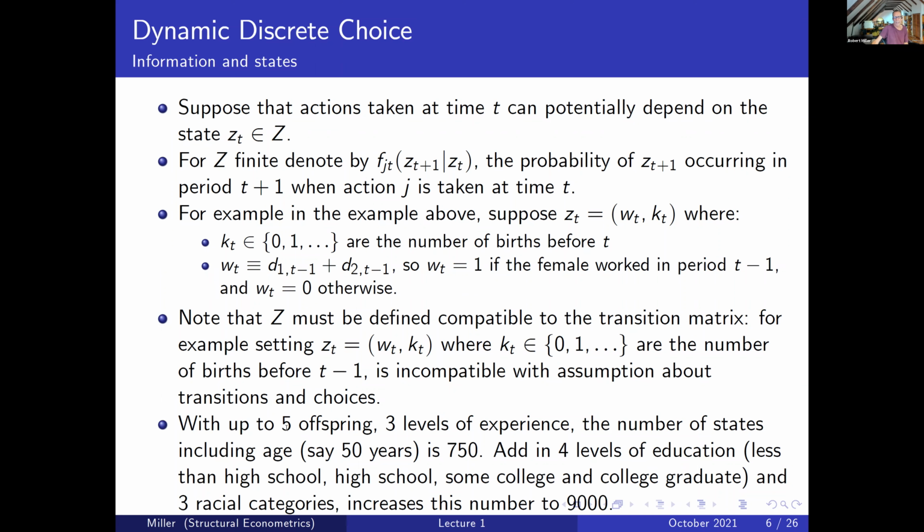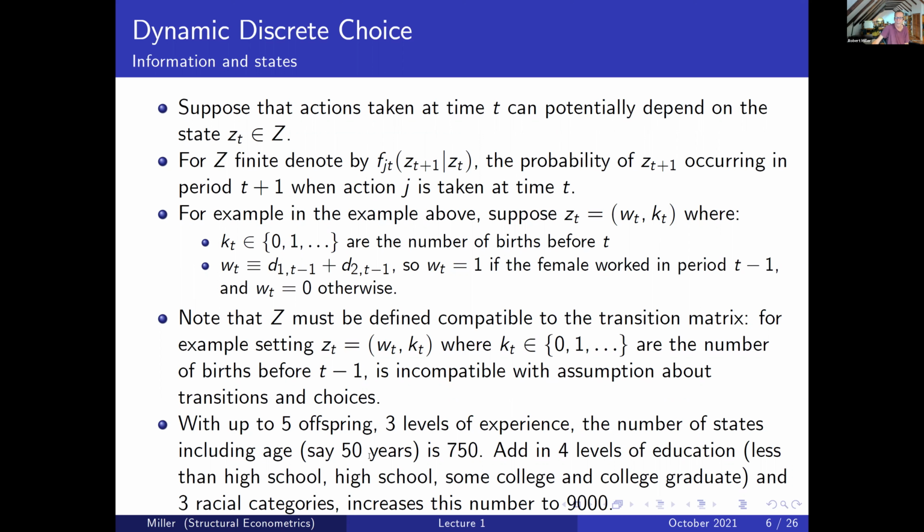But if there were just, say, mothers had a max of 5 kids, which takes into account maybe 99% of the population, and 3 levels of experience, and the number of states, including age, was, say, 50 years, because we might be talking about a horizon of, say, 20 to 70 or something like that, in terms of whether you're going to work or not.